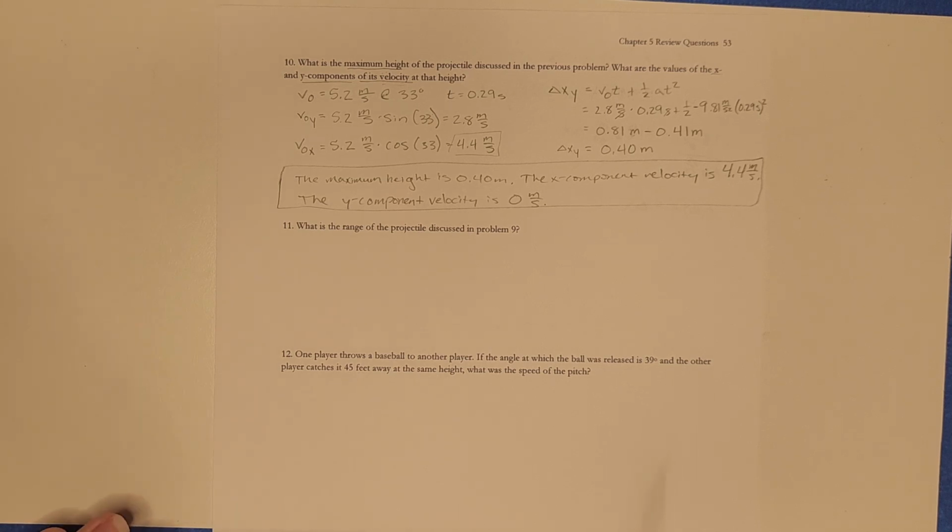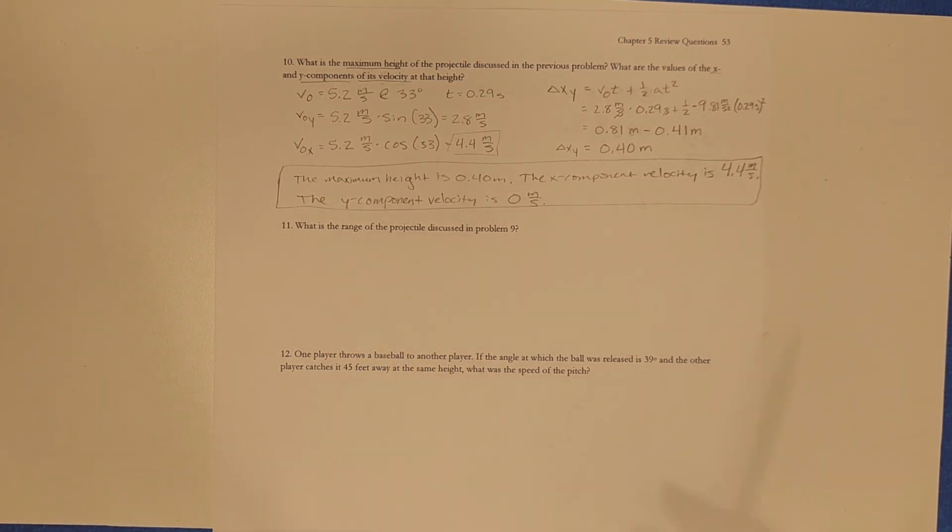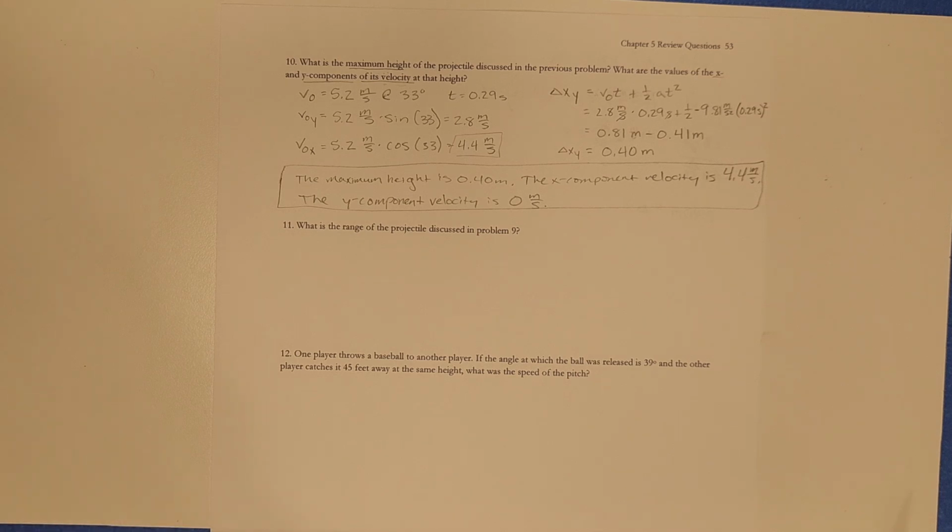For question 11, we're asked to determine what is the range of the projectile discussed in problem 9. Up to this point, we've basically used only equations that we've learned in previous chapters and just applied them in different ways to determine the answers for these problems.